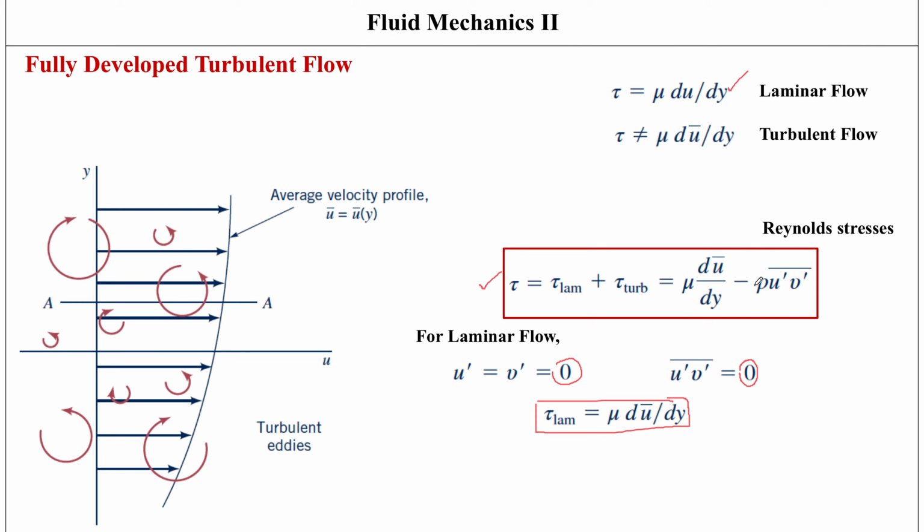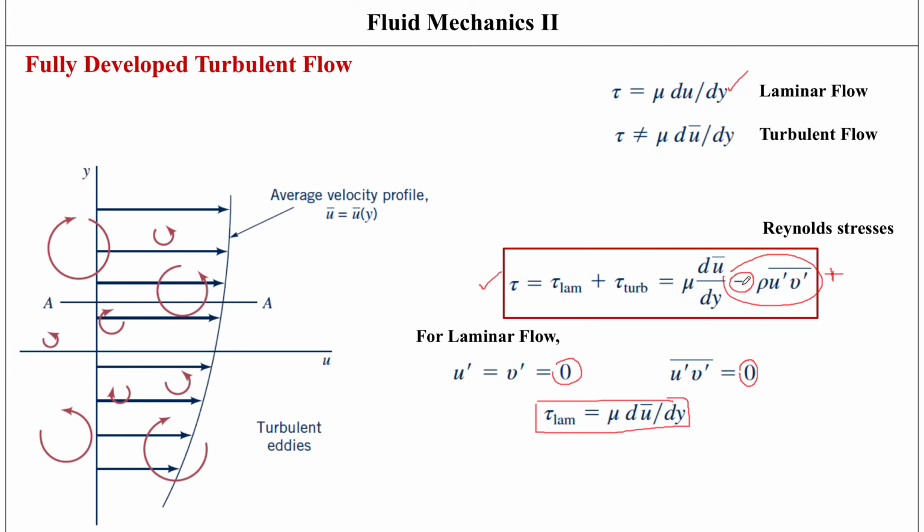The second question that you could have is, hang on, this quantity over here is negative. So does that mean that if we are looking at the turbulent flow, then the total shear stress is going to be a smaller quantity as compared to if we were just looking at the laminar flow? Well, no, that's not true either, because it turns out that this entire quantity is actually positive.